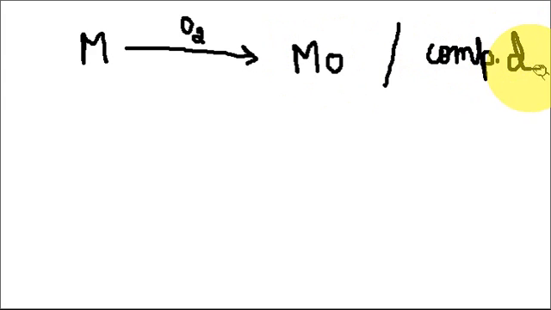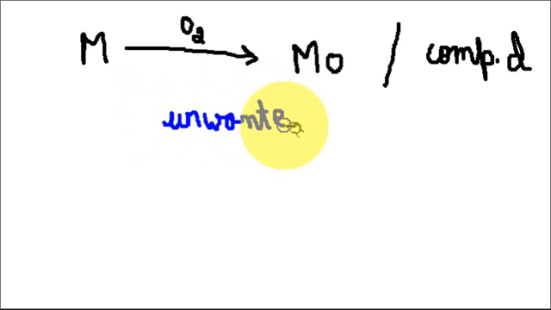If this reaction is an unwanted chemical reaction, unwanted meaning we don't want to convert the metal into its metallic oxide, then it is termed a corrosion reaction.